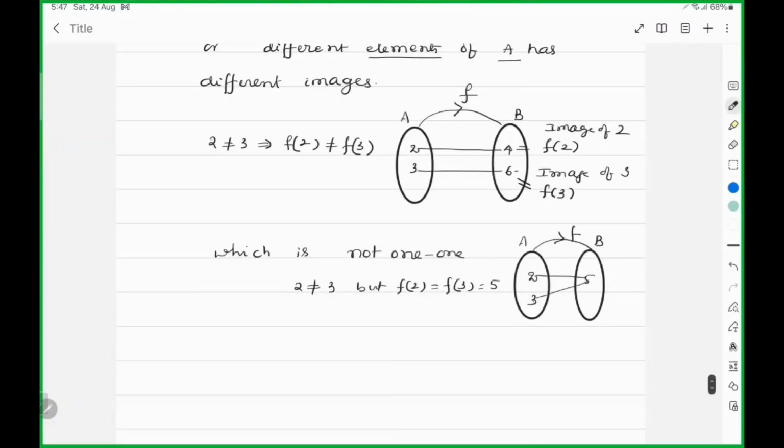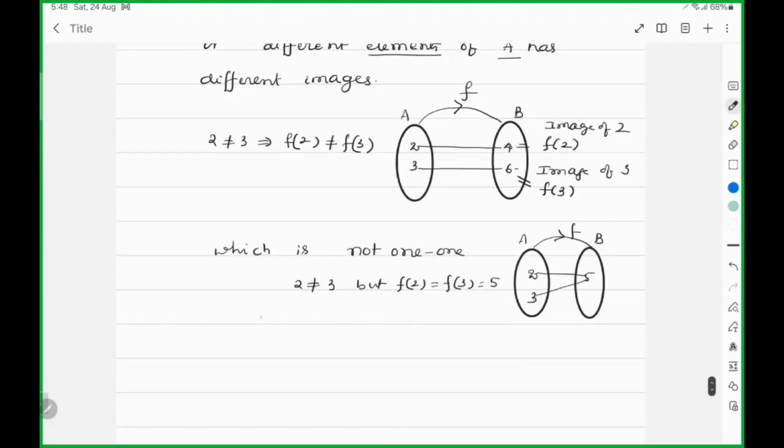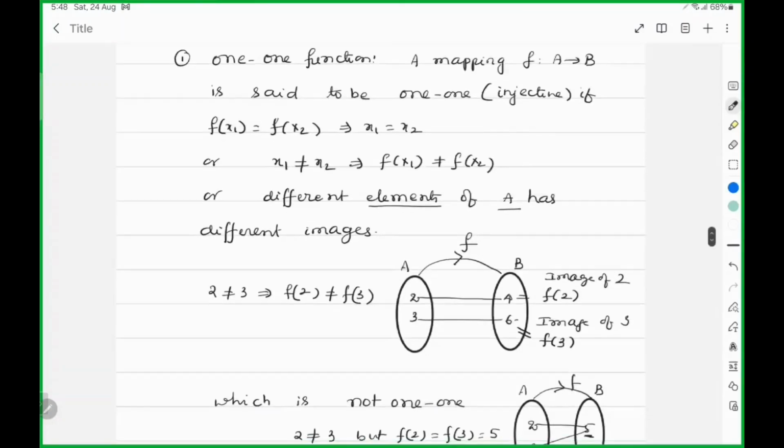So this is not a one-one function because distinct elements have the same image. Discretely we can say it like this.